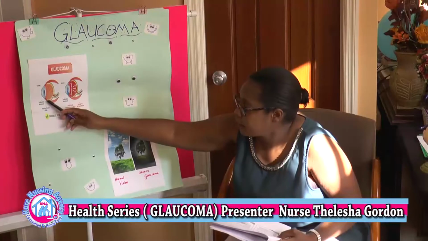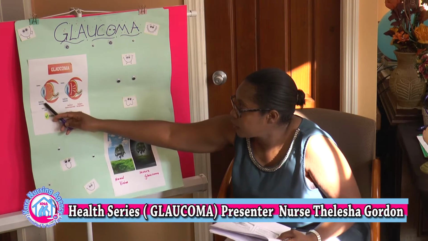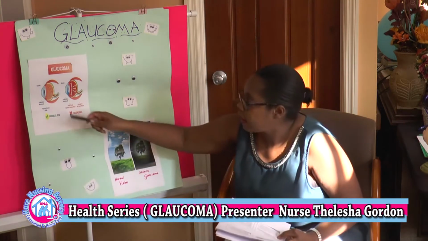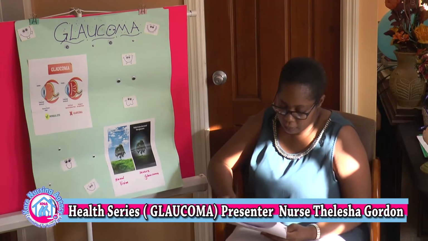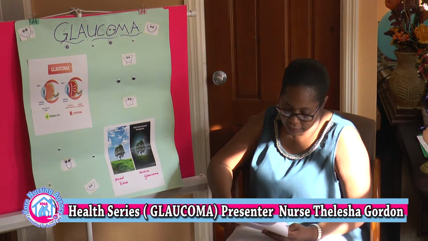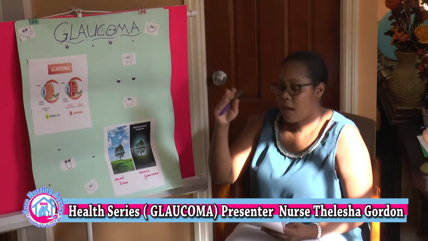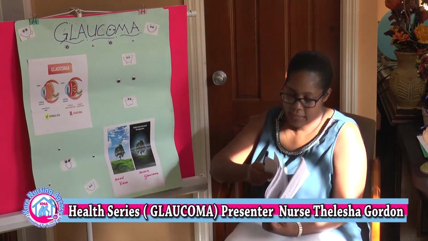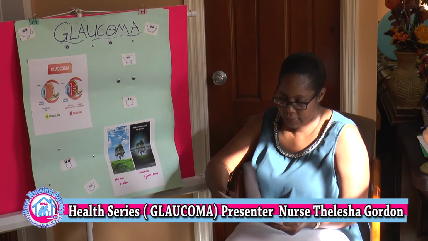It is open, but there's a problem in the meshwork that is causing the fluid to block up, and that's causing the increase in the pressure. Patients with open angle glaucoma sometimes do not have eye pressure elevated beyond the normal, and I should mention the normal is from 8 millimeters to 20 or 22.